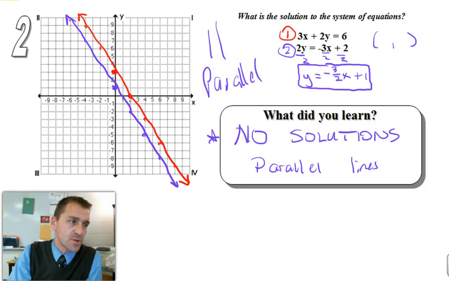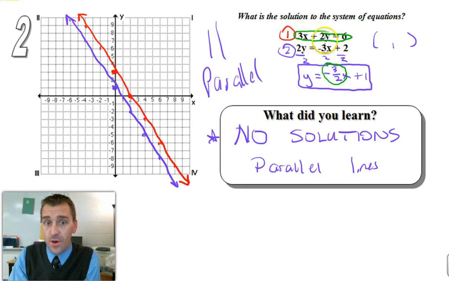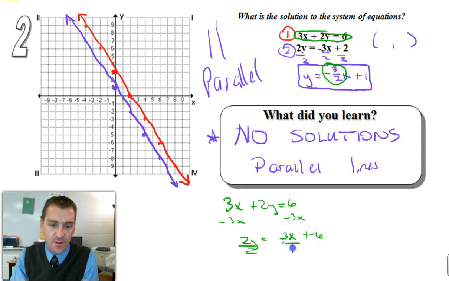By the way, last thing I want to show you is this. Let me take this equation right here and show you how the slope is exactly this. Because remember, when we have lines that are parallel, that means they have the same exact slope. So if I subtract 3x from both sides of 3x plus 2y equals 6, that would give me 2y equals negative 3x plus 6, and then divide by 2. Take a look at that.